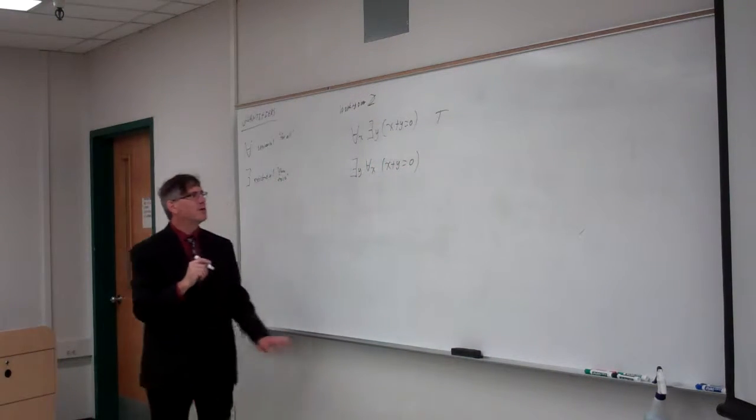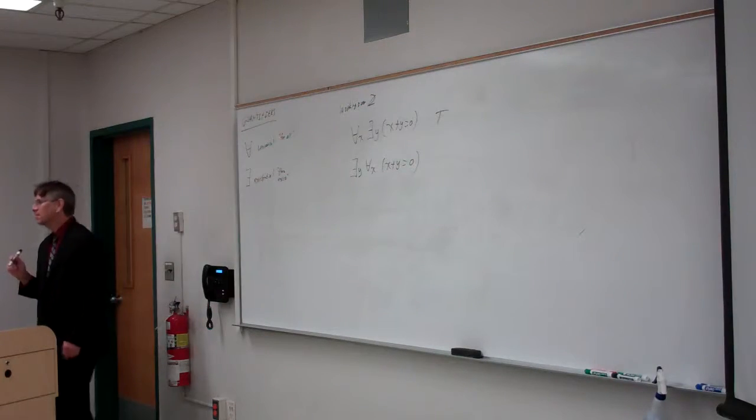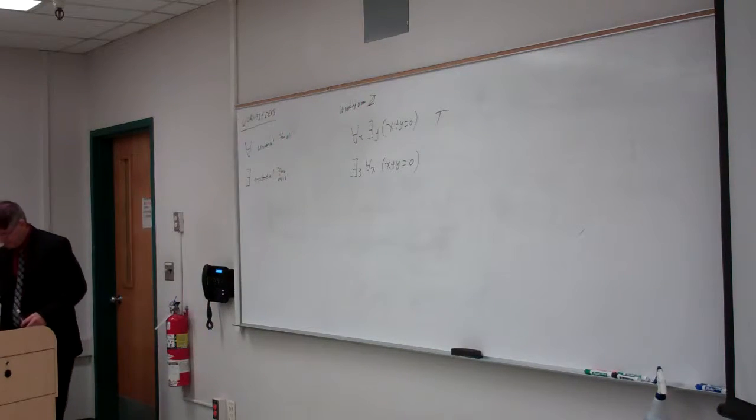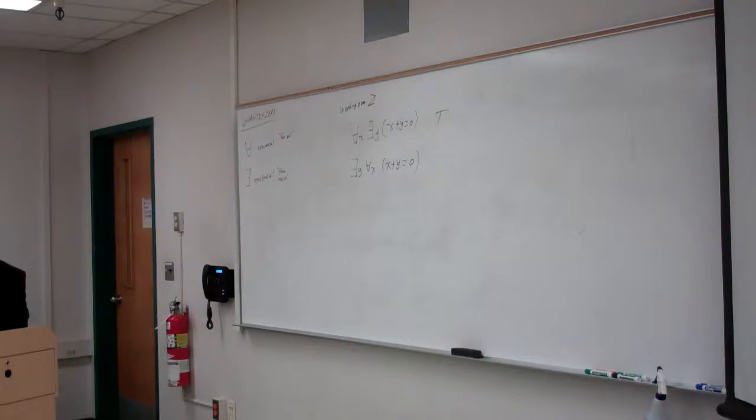There exists a y such that for all x, x plus y is equal to 0. So what is that saying? There exists a y such that for all x, x plus y is equal to 0.